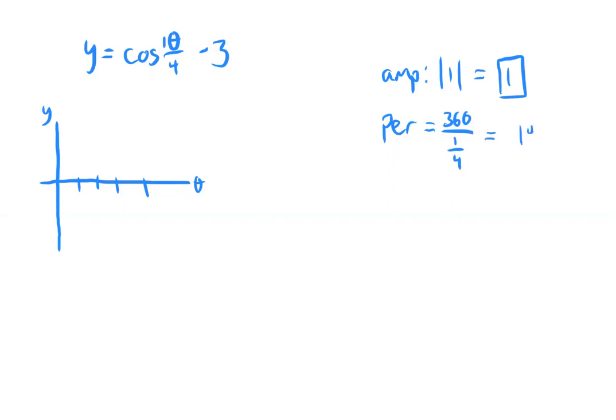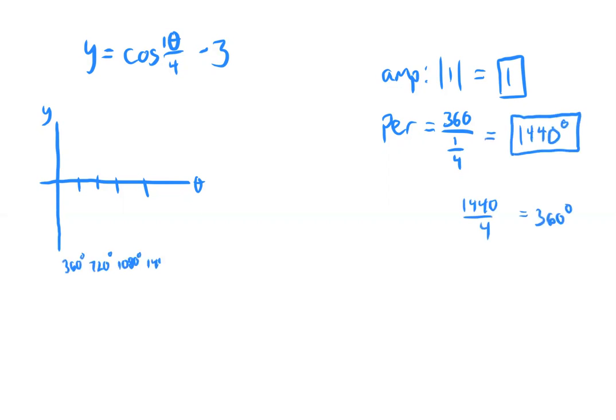So that's gonna be 1,440 degrees. So to find this scale, you take 1440 and you divide by 4, that'll give you 360. So for my scale, it's gonna be 360, 720, and then 1080. If you wanna do every other one, that's fine. And then 1440.